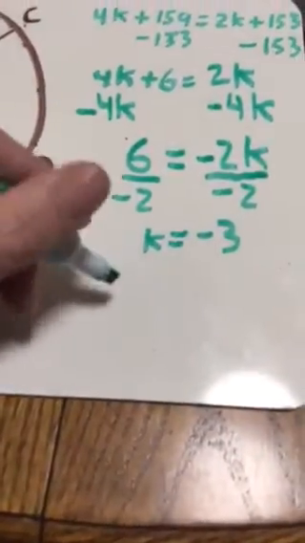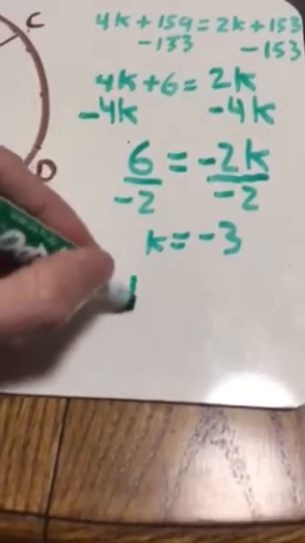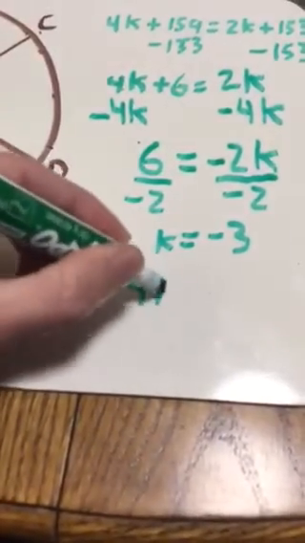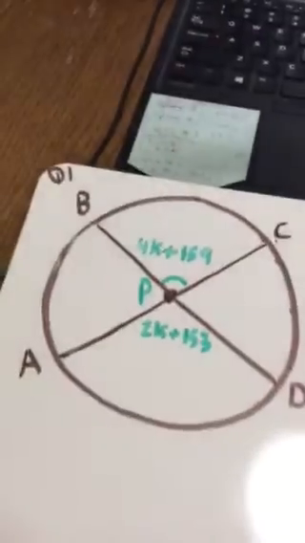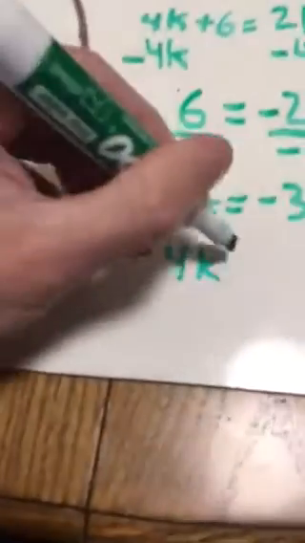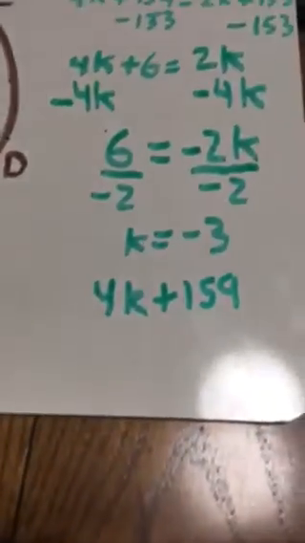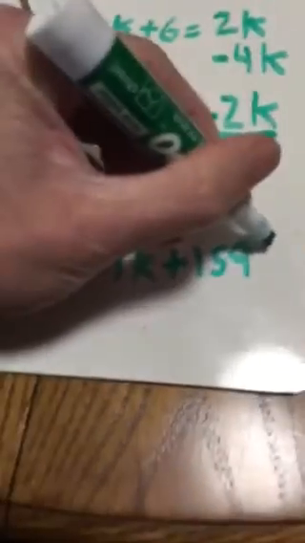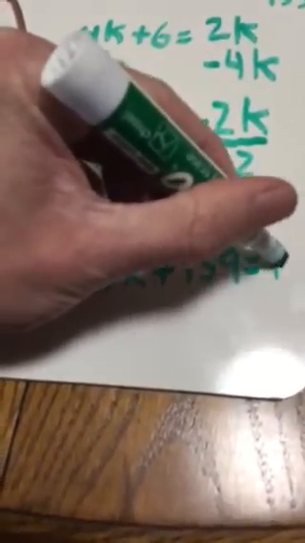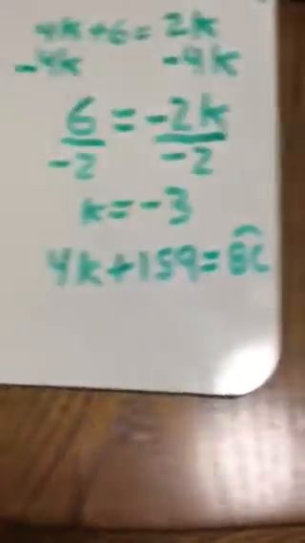So let me write the whole thing out. It's 4K plus 159, and that will equal our value for BC.